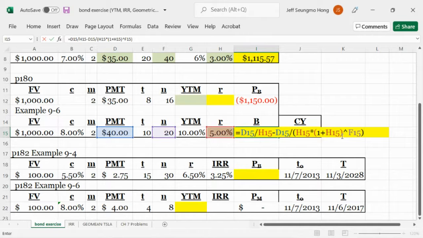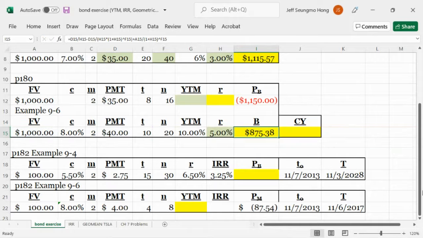This is only the annuity part, plus, and discount face value by 1 plus R raised to n. Okay? And hit enter. Did you all get this?